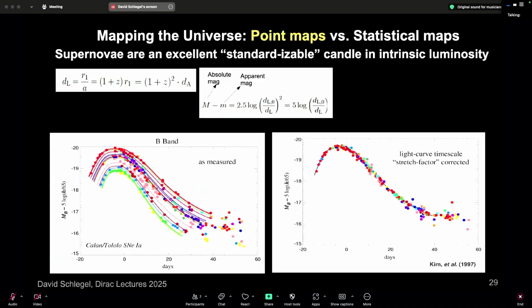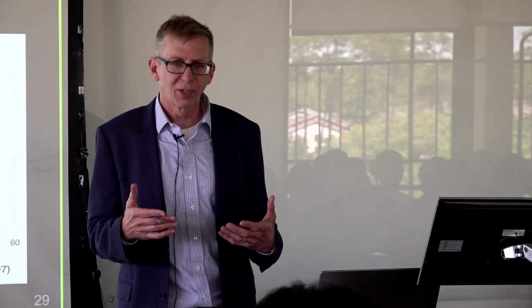But there are some examples that do work, and most famously, the supernovae that were used to discover dark energy originally. These aren't used as standard rulers, but as standard candles. They're not all exactly the same intrinsic luminosity, but they're close, and it turns out they're standardizable.